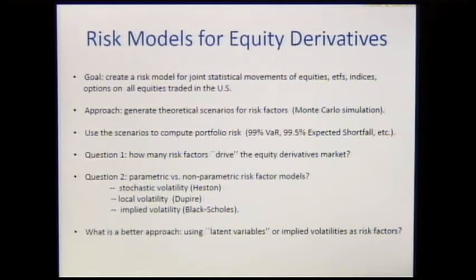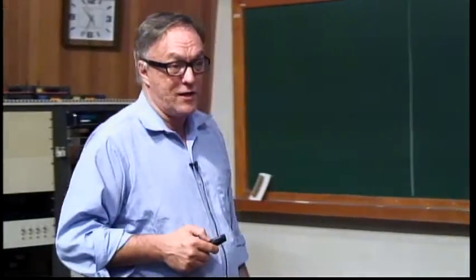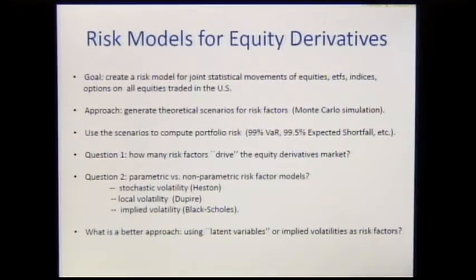So the choices are, you could use a stochastic volatility model like Stephen Heston's, which means you would create a machine that maintains the Heston model for all the stocks and their correlations, or you could use the local volatility of Bruno Dupire, who's here, or you could use the implied volatility of Black-Scholes. Because this is a risk management system, it's better to use Black-Scholes, although the jury is not completely out on that.